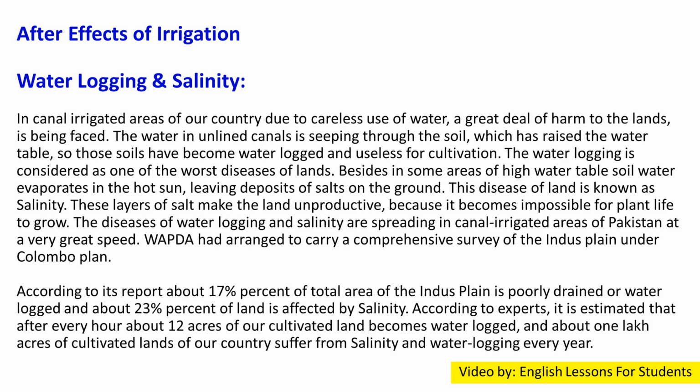WAPDA has arranged to carry out a comprehensive survey of the Indus Plain under Colombo Plan. According to its report, about 17% of total area of the Indus Plain is poorly drained or waterlogged and about 23% of land is affected by salinity.